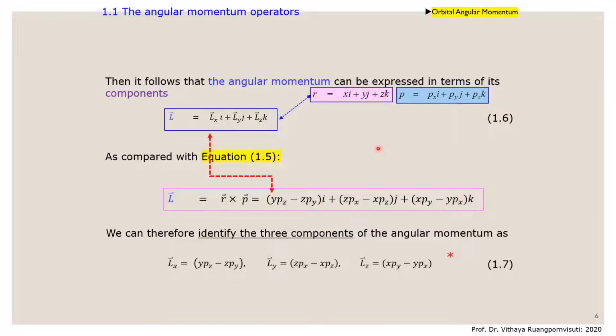If we compare equation 1.6 with equation 1.5, we can identify the three components as shown in equation 1.7, namely Lx is equal to y pz minus z py, the next component Ly equals z px minus x pz, and the last component Lz is equal to x py minus y px.